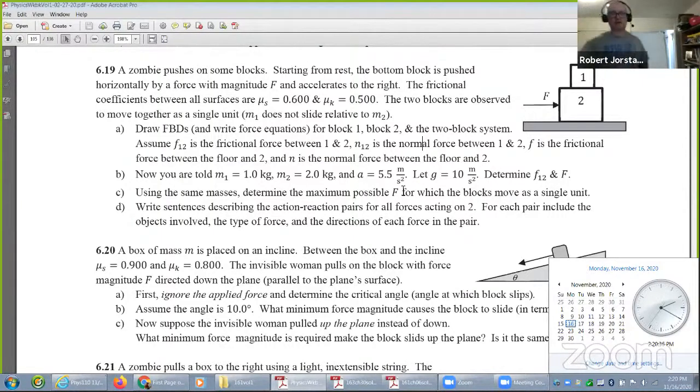But try to write the FBDs and force equations without the solutions, because they're not going to help you on test day. I'll give you one more minute.